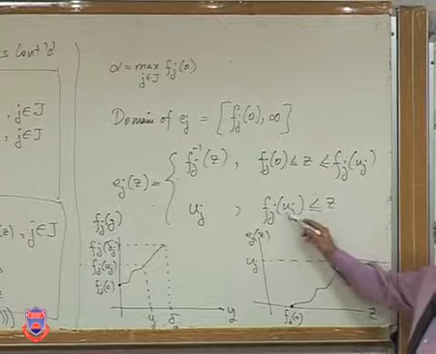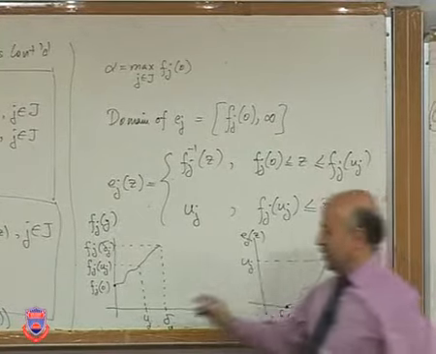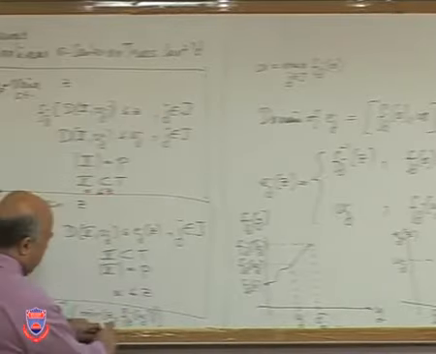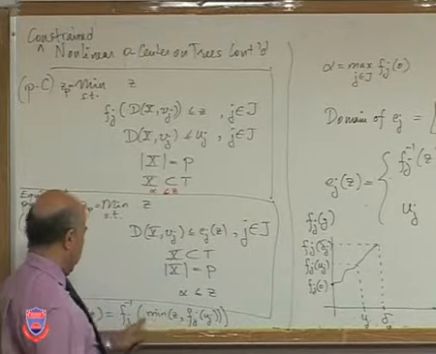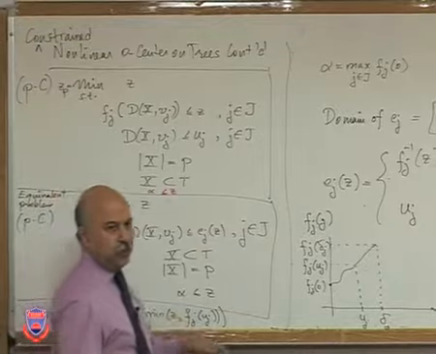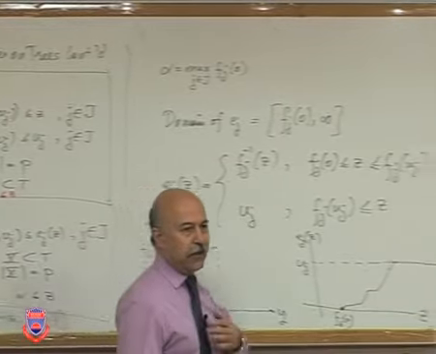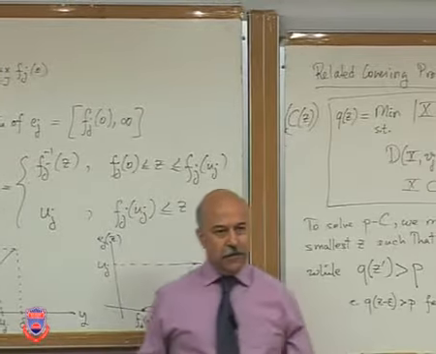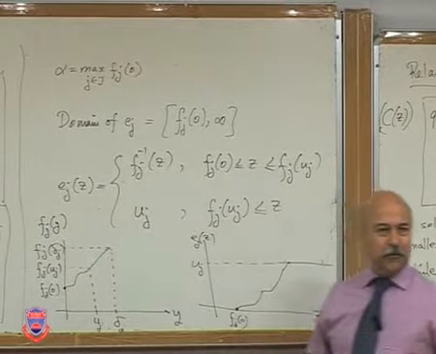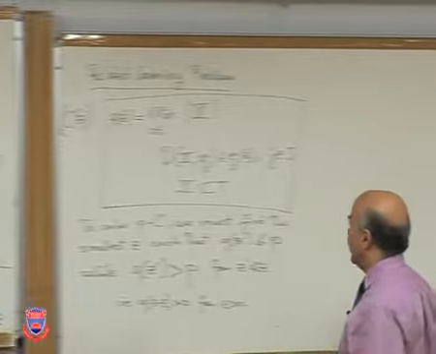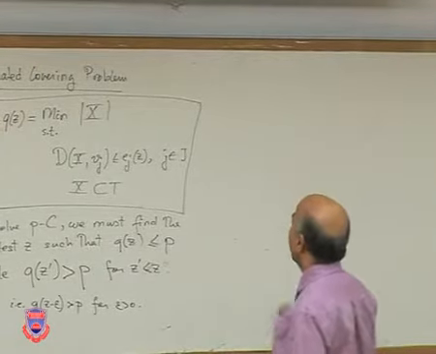Right, when z is equal to fj of uj, then the minimum here will be fj of uj, in which case fj inverse of that will be uj. Okay, so it still holds at that point. When you have continuous functions, it doesn't really matter if you exclude or not exclude the endpoints. Okay.